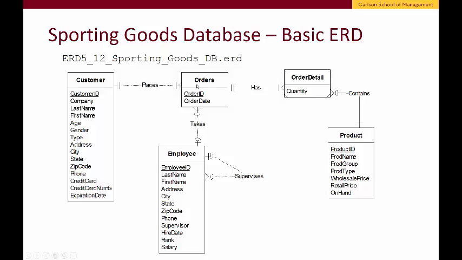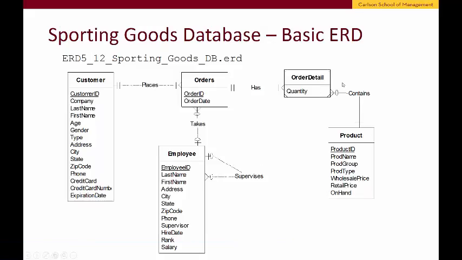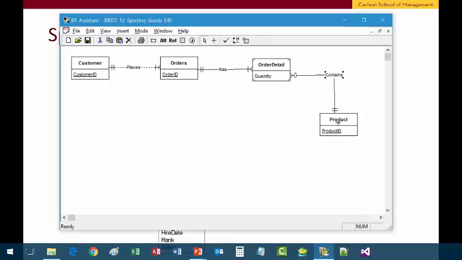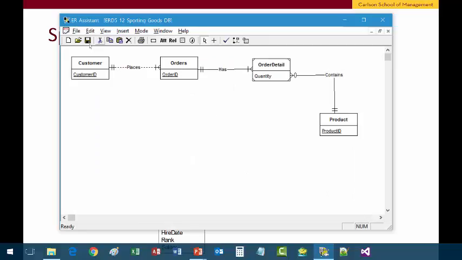Then the second piece is that order has this identifying relationship with order detail. Or I should say order detail is a weak entity, identifying the dependency on orders as well as products. Looking at the order side, looks good. Looking at the product side, it looks good as well. So the only thing we have to do is save this.